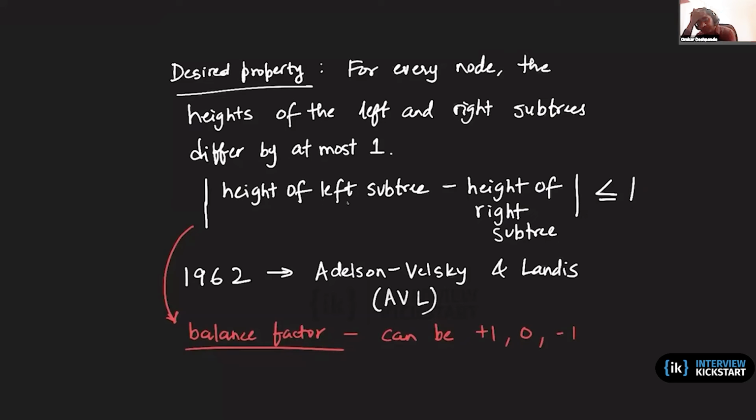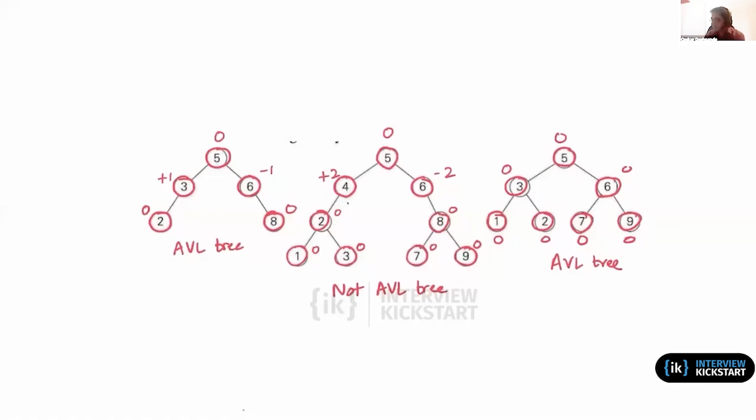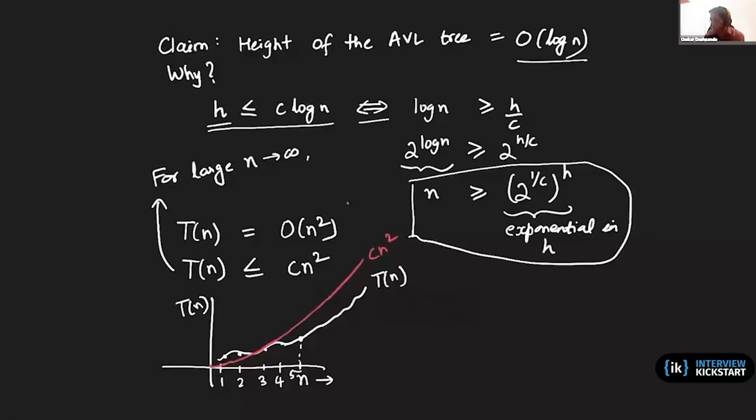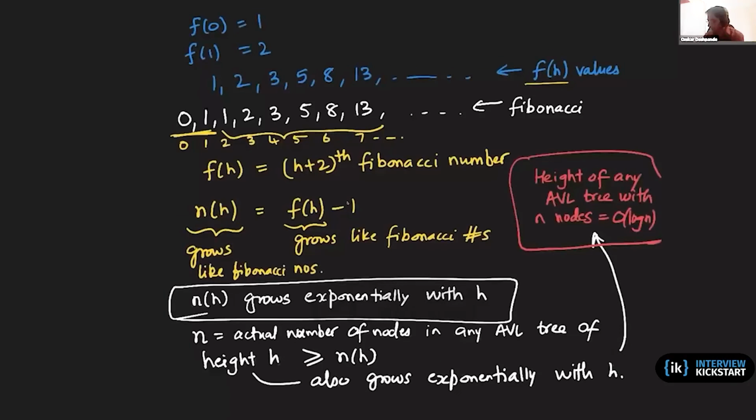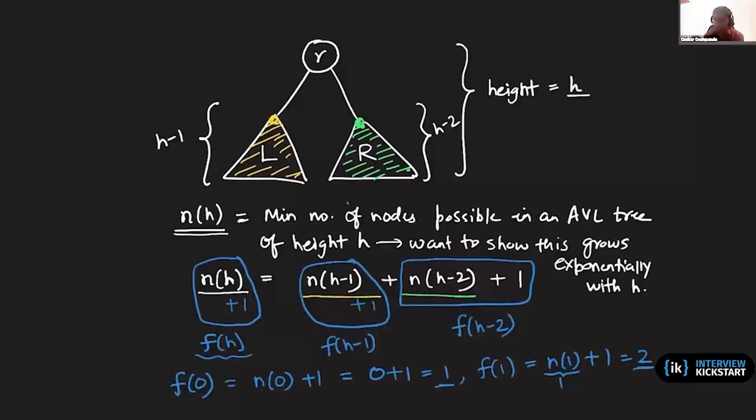The claim is that the height of that tree is going to be log n. Right, you pick the middle node, you make it the root, and you recurse on the left side and the right side in trying to construct that tree. But what is the guarantee that the height of that tree will be log n? That guarantee comes from the proof that we did, which I didn't really do there because we weren't discussing AVL trees formally there.